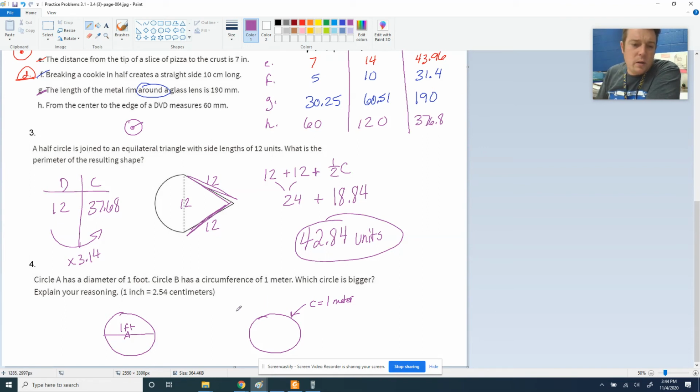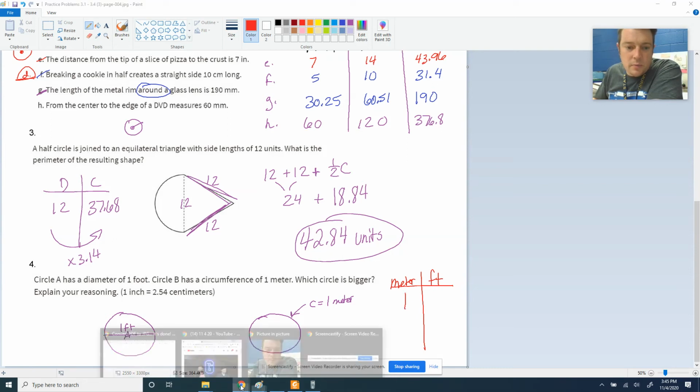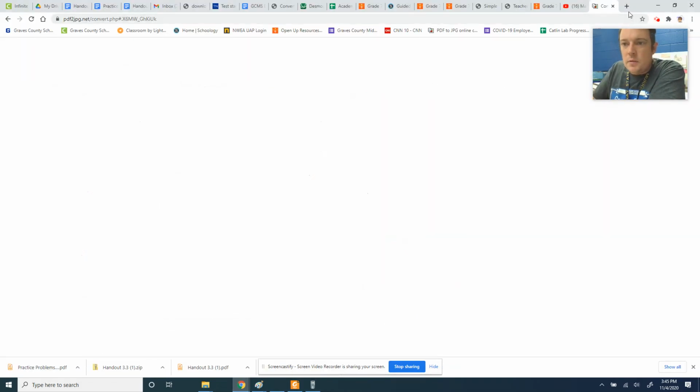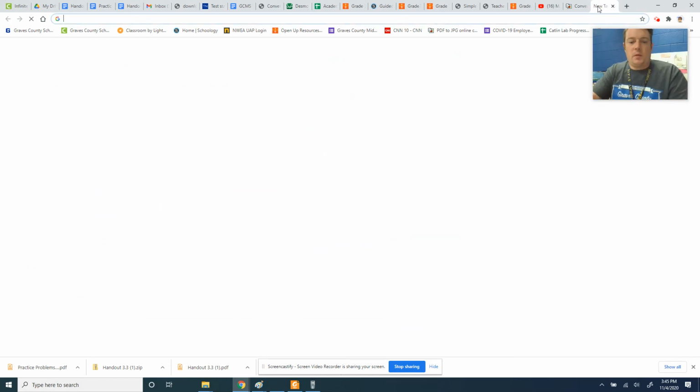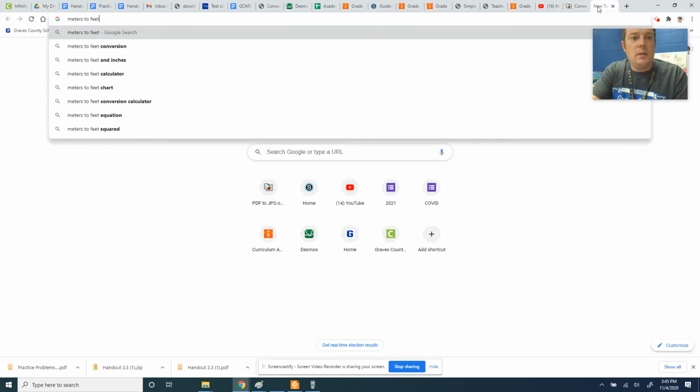So let's start with the 1 foot. Actually, let's change the meters into feet. Let's do that. 1 meter is how many feet? Well, if you don't know that conversion, this is where the internet can be your friend. Okay, meters to feet.